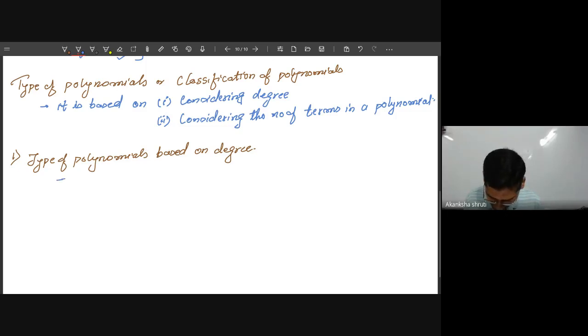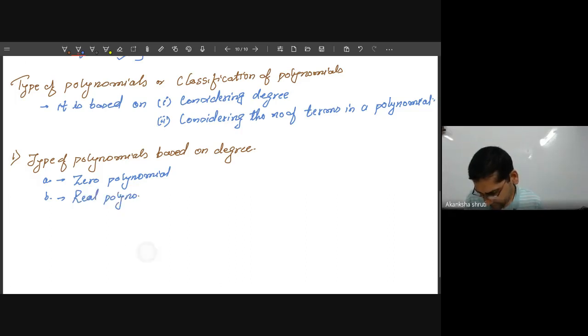There is the zero polynomial. So it could be this one. The other could be the real polynomial.